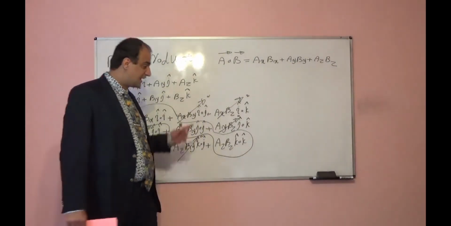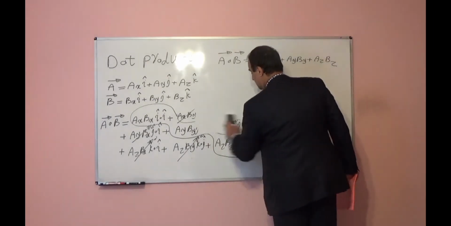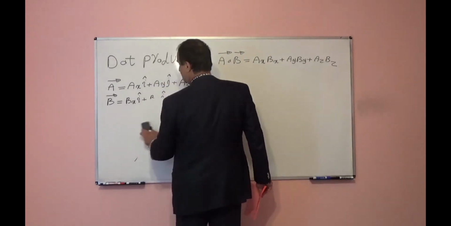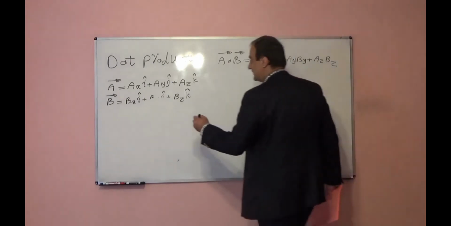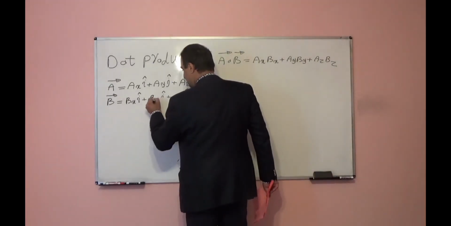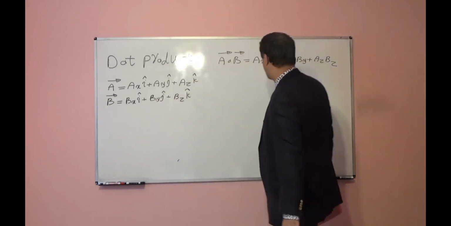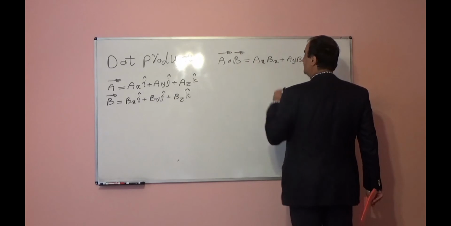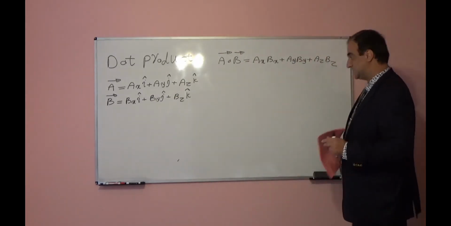So if we have two vectors, like vector A and B, and we represent them in Cartesian vector form, we know A dot B is AX BX plus AY BY plus AZ BZ.